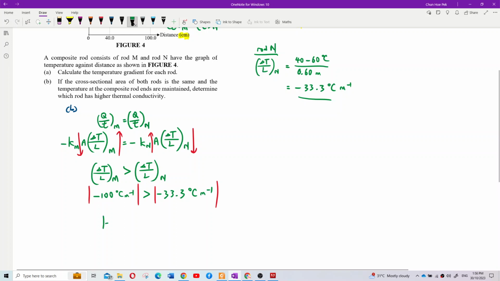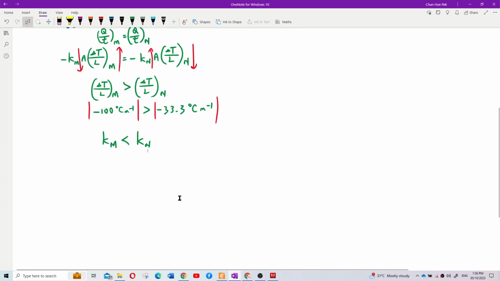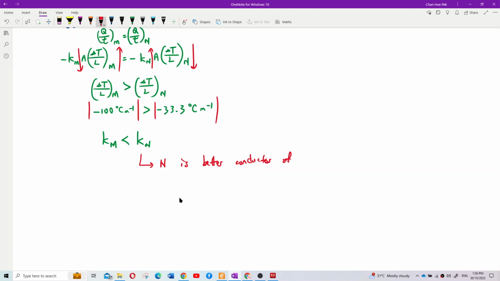So k for M is smaller than k for N. Write it this way: if the gradient of M is bigger, the thermal conductivity of M is smaller than N. So in conclusion, N is a better conductor of heat because the k value, the thermal conductivity value, is higher. N is a better conductor of heat compared to M.